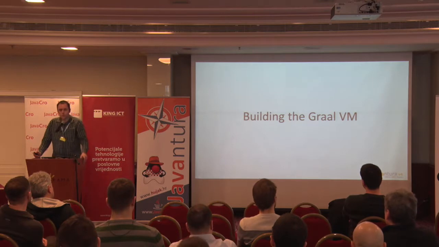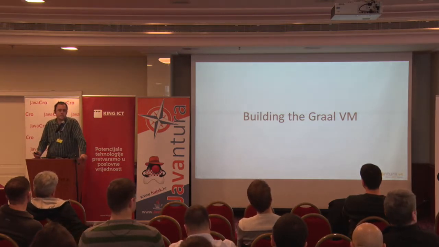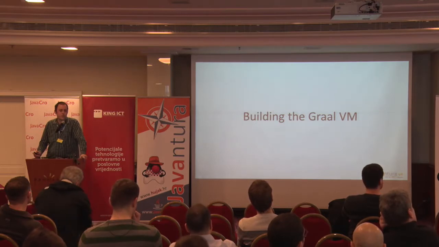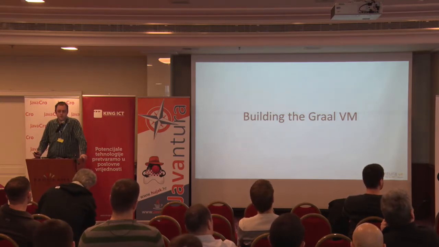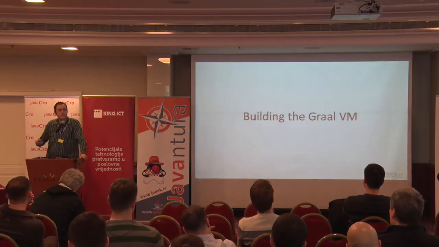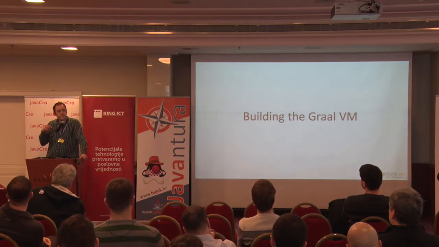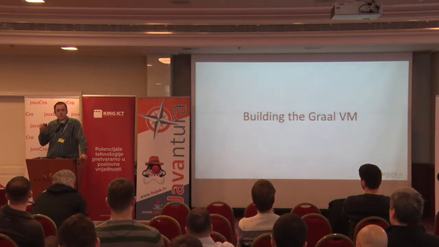Now, if you want to build your own version of GraalVM, currently Oracle provides binaries from the Oracle website of versions of Graal that run on a version of the JVM that has an implementation of the JVM compiler interface. That interface, as we mentioned, would be part of JDK 9, but currently there is a version which runs on JDK 8.